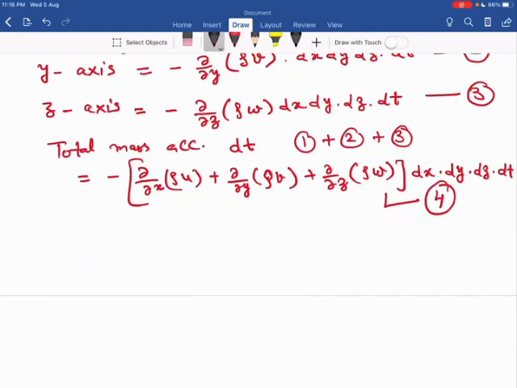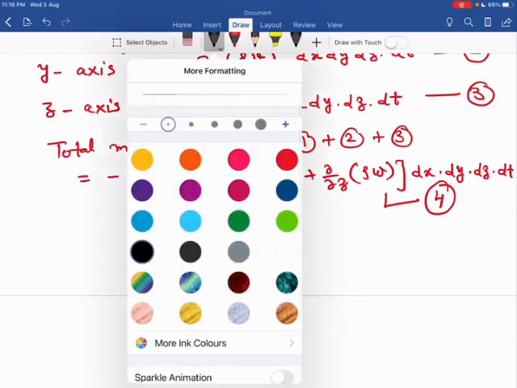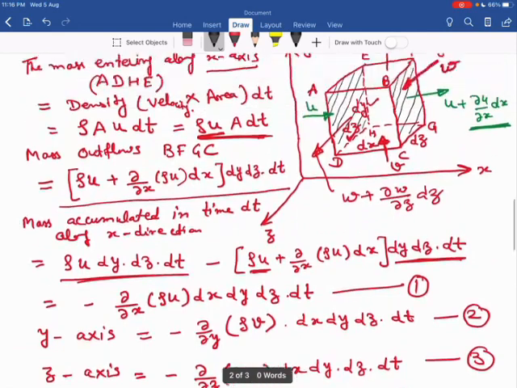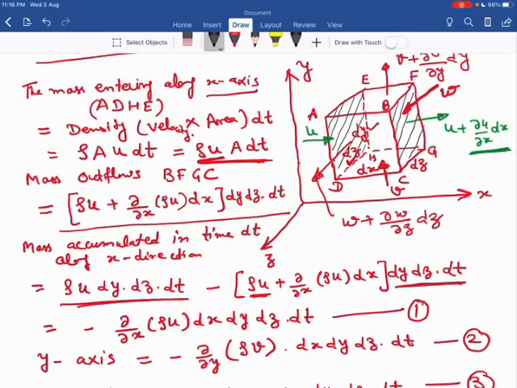Now let us say in this particular element the mass entering is m. After time dt the mass leaving is m plus curly m upon curly t into dt.